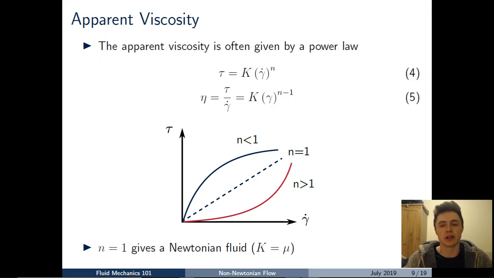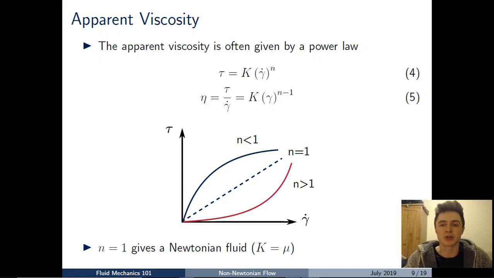And the value of the power law index n gives the shape of the curve. If we have a value of n greater than 1, then we have a shear thickening fluid, which is given by the red line there in the diagram. If we have a value of n less than 1, then we have a shear thinning fluid.